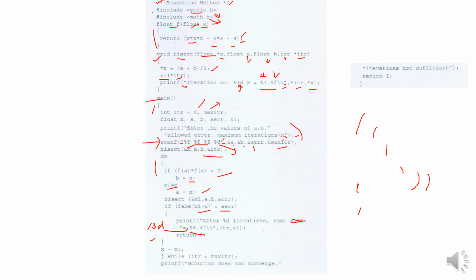One loop is closed, then we start from here, another loop is closed, and another loop is closed, so all should be closed. x is equal to x1, then while iteration is less than maximum iteration, printf solution does not converge, iterations not sufficient. It's a continuation of this because it's not closed yet, semicolon is here, return 1 and close.